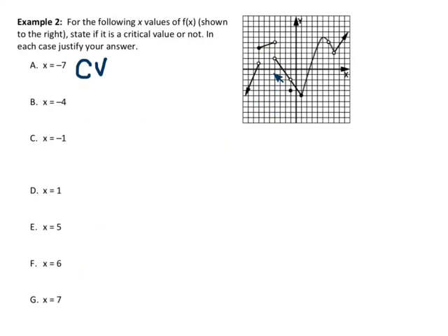All right, so let's check -4. And -4 is in this ballpark right here. Now, what do we notice about this one? Well, it's not defined at -4, is it? So could x equals -4 be a critical value? The answer is no, this is not a critical value.